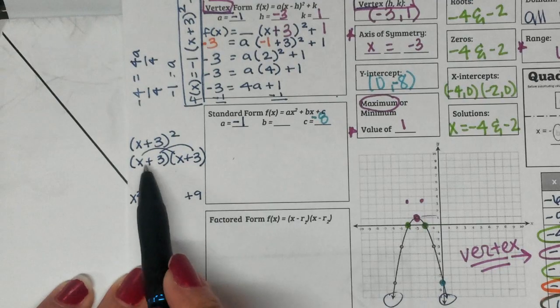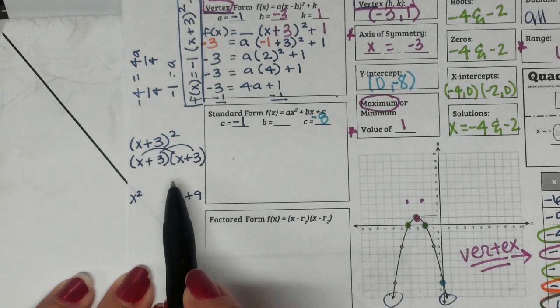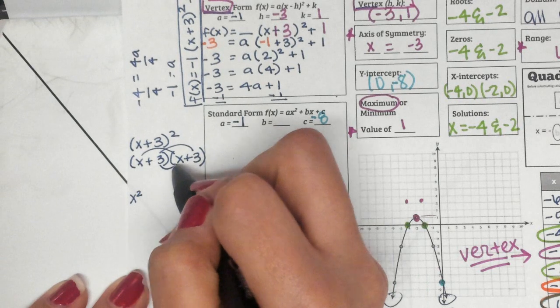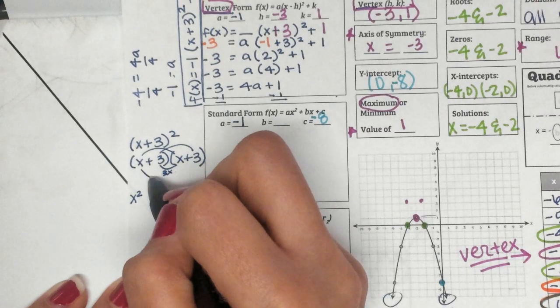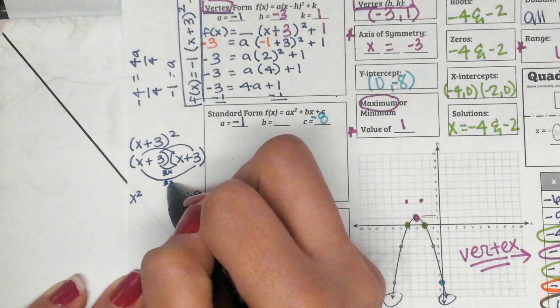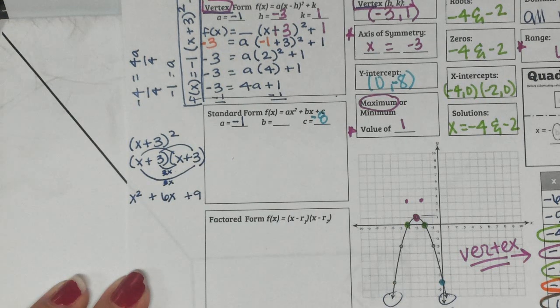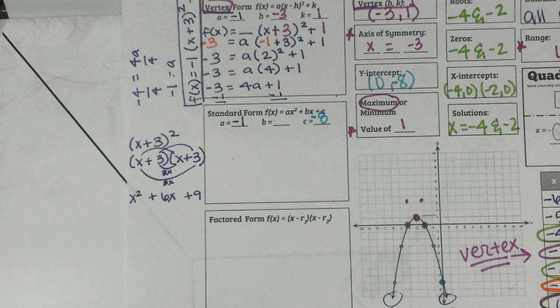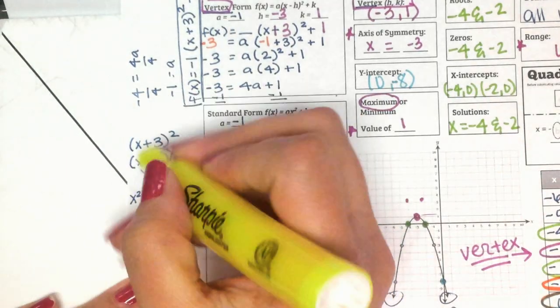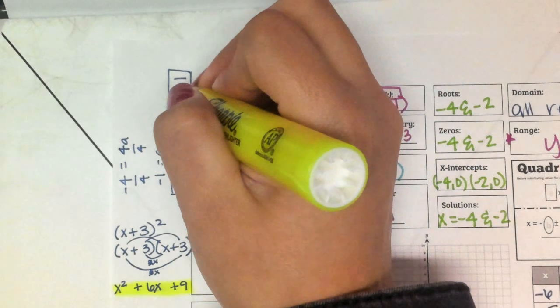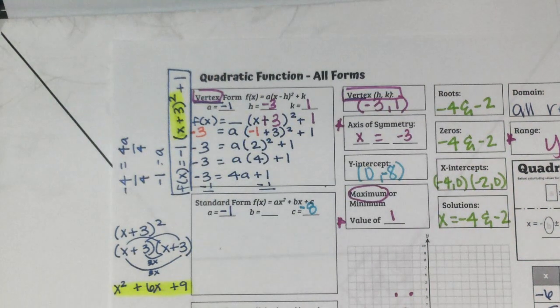This goes back to the box method or Charlie Smile method, so everything we've learned so far is coming back to this one thing. 3 times x is 3x. X times 3 is 3x. Those get combined to give me a 6x. So this, let me get a highlighter so you can see it, that part is this part worked out.